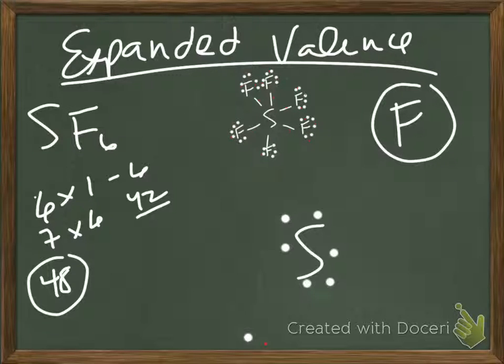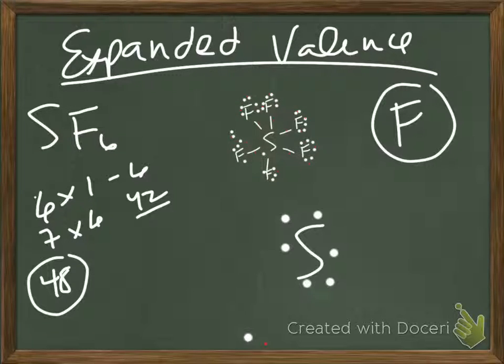And because fluorine is so electronegative, if we think about this in terms of the electron cloud, right now it looks as though sulfur is surrounded by 12 valence electrons. And that would be way overload. That's more than an element like sulfur can handle.